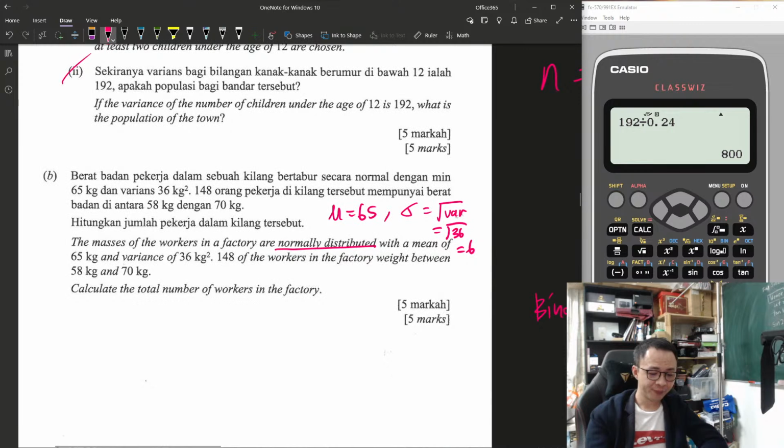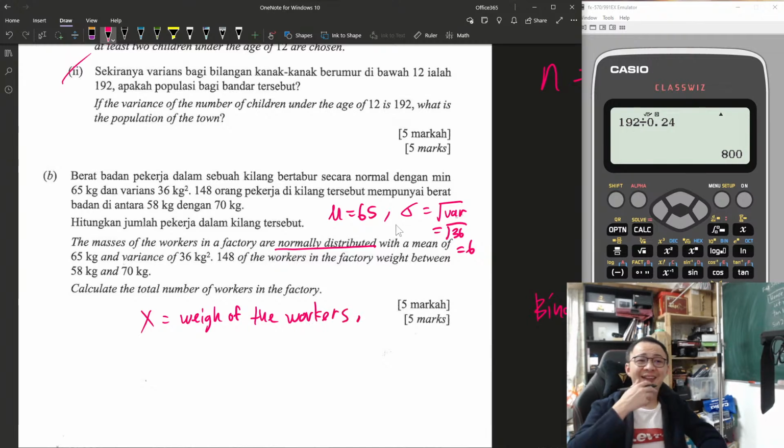Okay, so 148 workers in the factories weigh between that. Over here, X will be the weight of the worker. Then you ask yourself, can X have decimal or not?